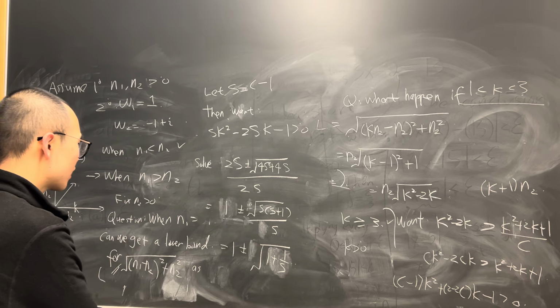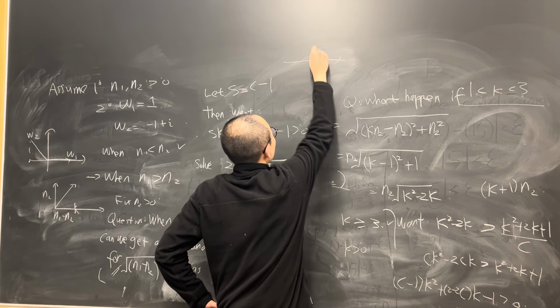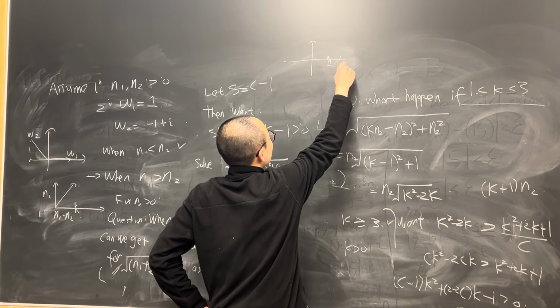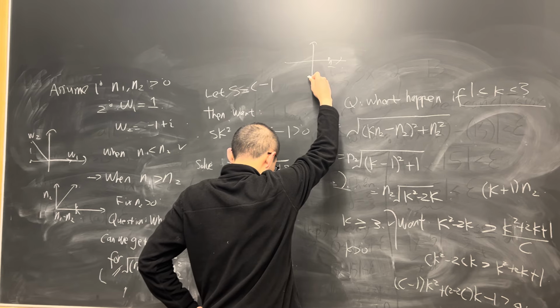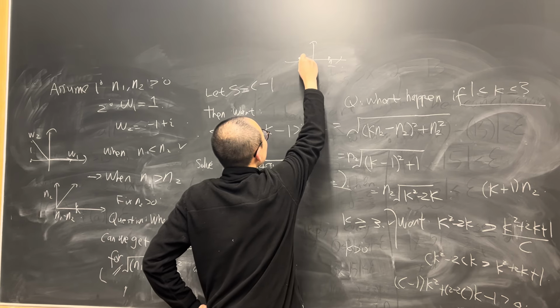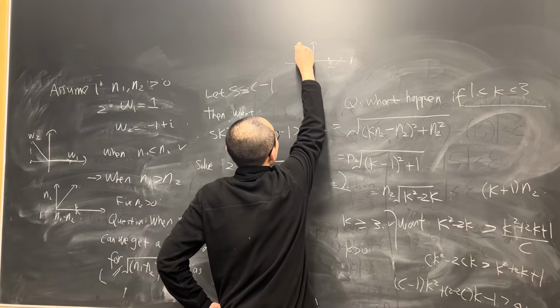So this graph actually looks like, for example, this is 1, and then plus or minus the square root of 1 plus 1 over s. So I will imagine that it has something like that.